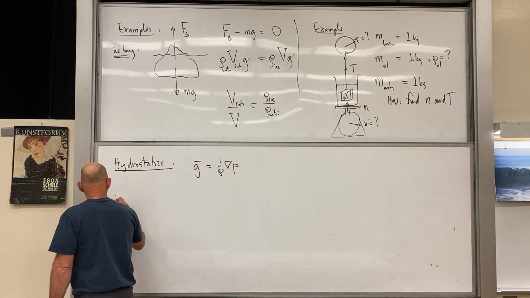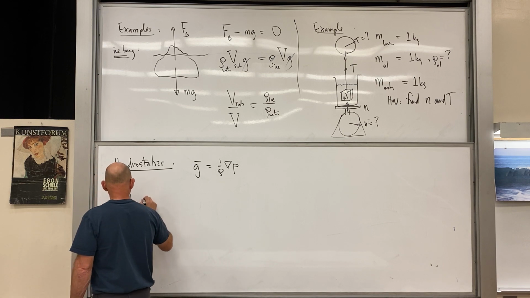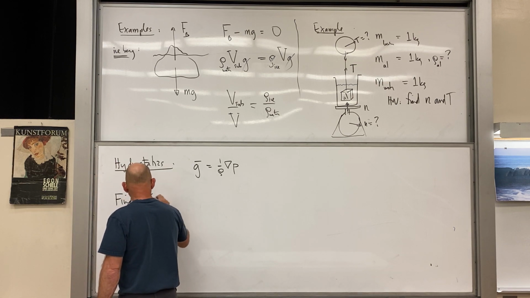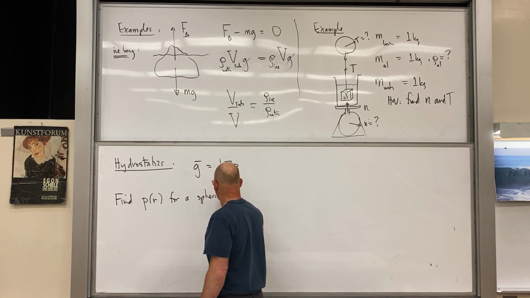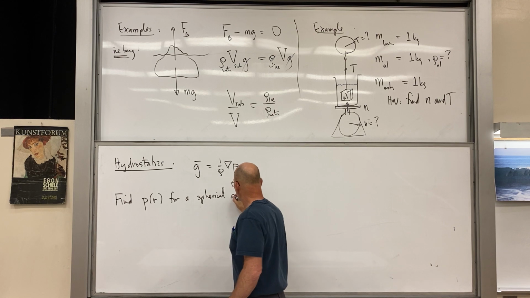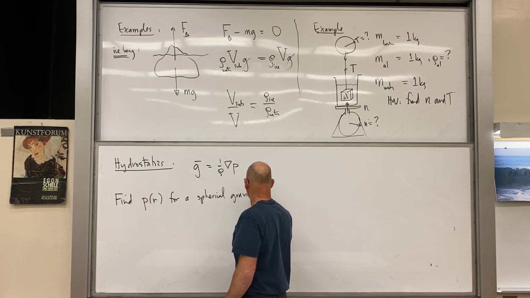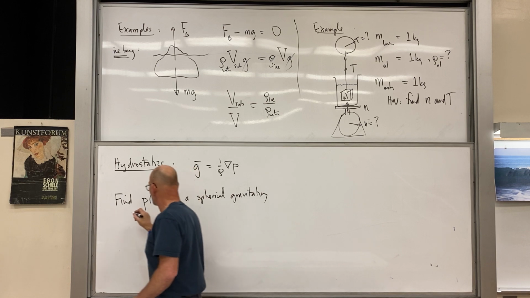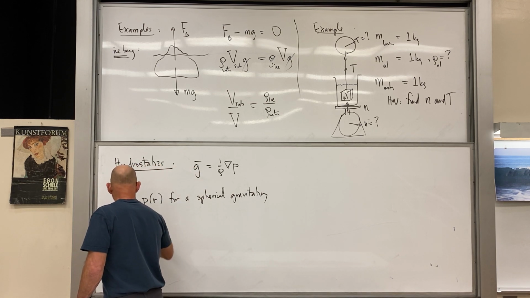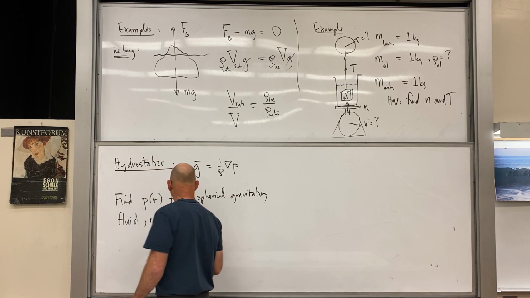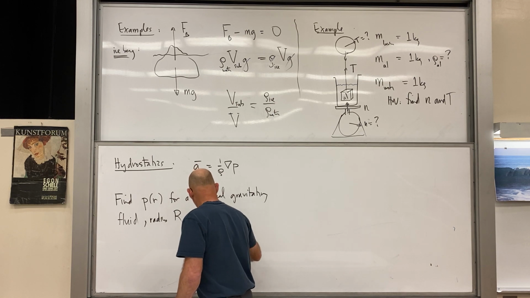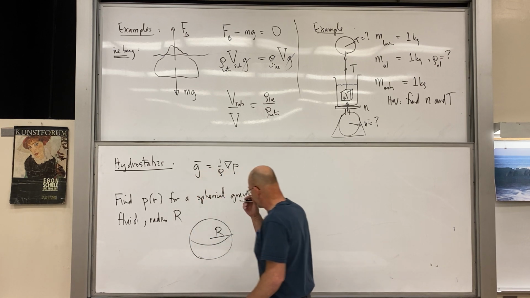So find P of r for a spherical gravitating fluid, total radius capital R. So there's our big fluid drop, radius R here.